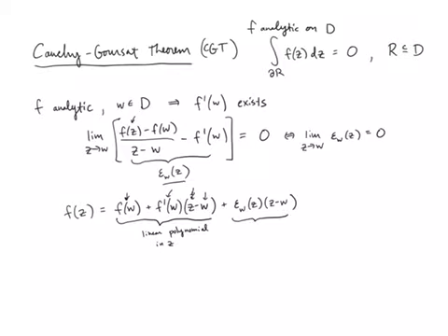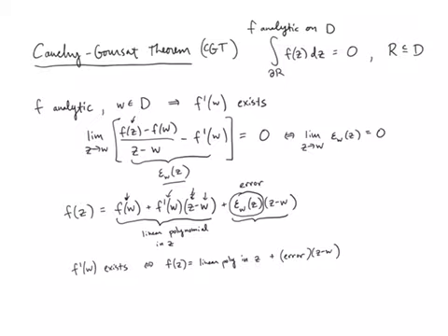Basically, saying that f prime of w exists is equivalent to saying that f of z is equal to a linear polynomial in z plus some error. The error is this epsilon here; that's why I called it epsilon. Some error times z minus w.